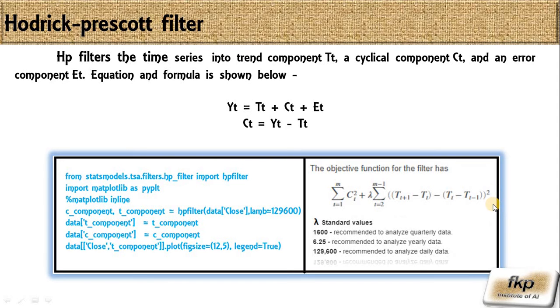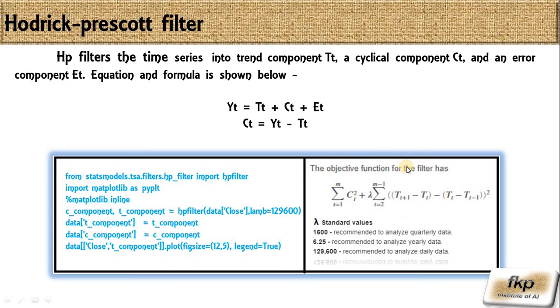By minimizing the value of this function at each time period, we will get the trend out of it. That's why we call it an objective function, not just a function.